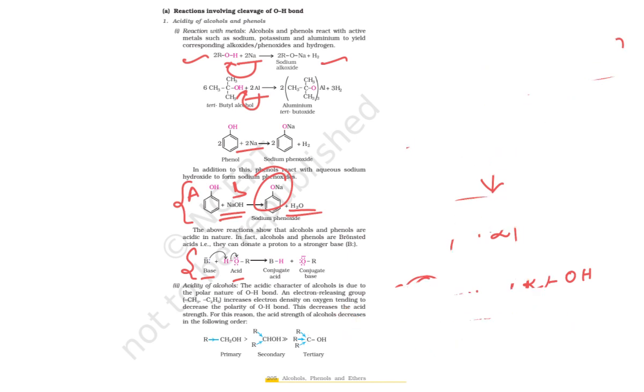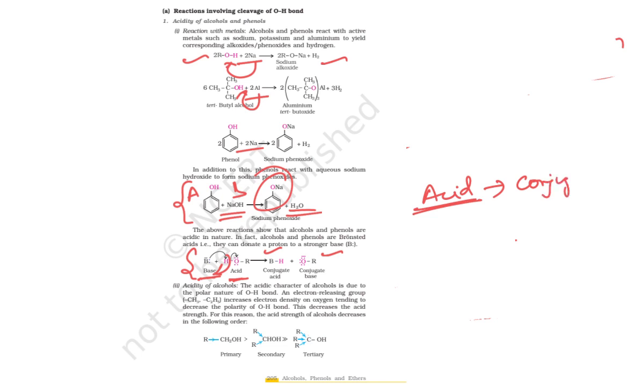So the reaction is: if I take any base, it reacts with alcohol. The alcohol acts as an acid, and at that time it gives a proton, right? So there is a formation of BH and the conjugate base. The acid, after giving the proton, becomes a conjugate base.